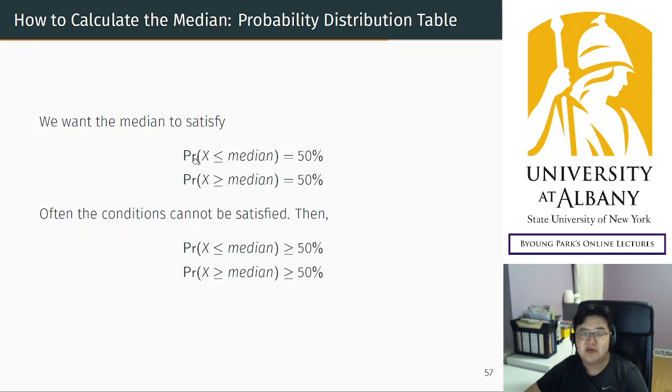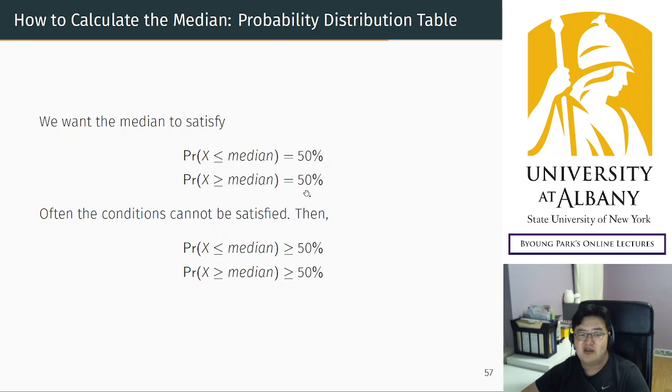The probability of an outcome on the smaller side is 50% and on the larger side is also 50%. That's our original definition of the median. So we would like to cut the distribution of x into 50 and 50.